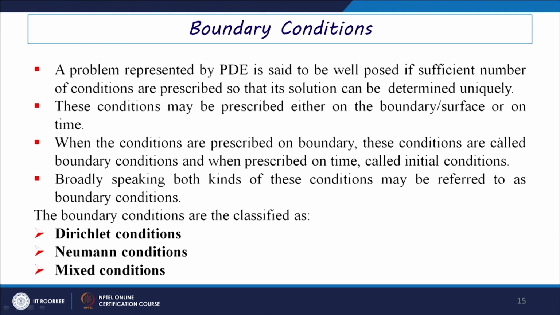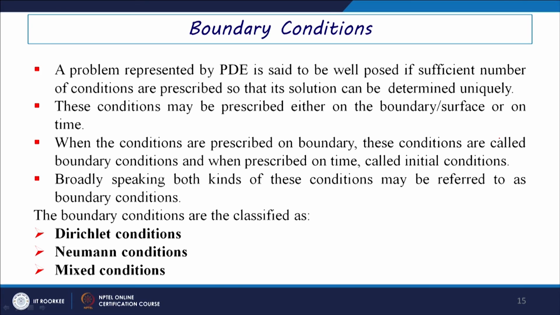Sometimes the conditions are prescribed at the initial level, say at t equals 0, and this is called an initial value problem. So we can say that when the conditions are prescribed on the boundary, they are called boundary conditions, and when prescribed in time, they are called initial conditions.